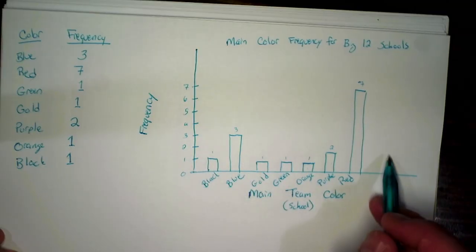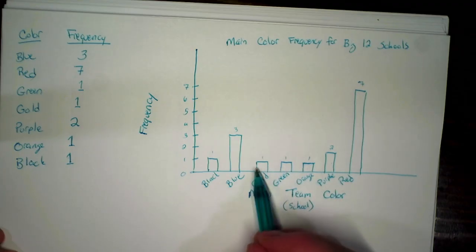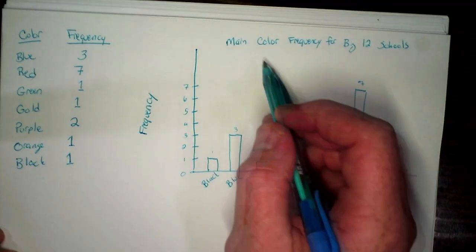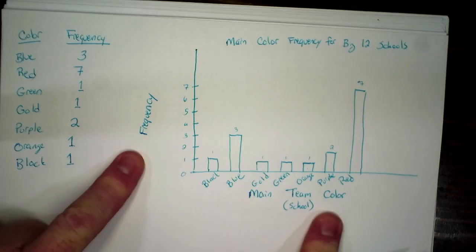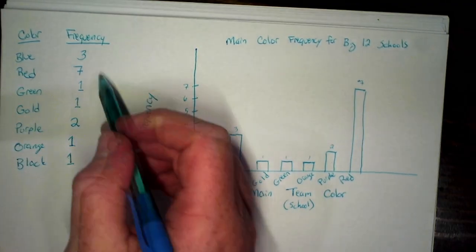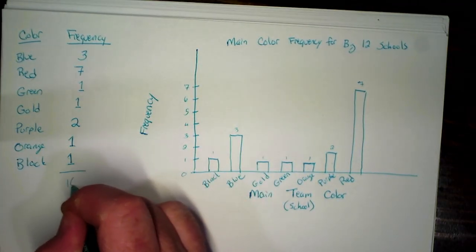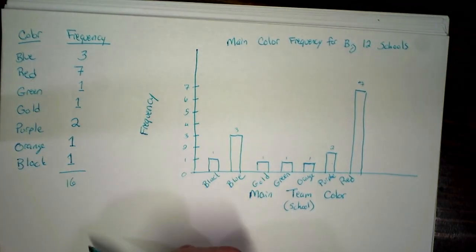Okay, bars not touching each other. Bars evenly distributed widths. It's got a title. Each axis is labeled. And that's it. We transferred our data from a frequency table. Our total frequency here was 16 because there are 16 teams in the Big 12. And that is how we make a bar graph.